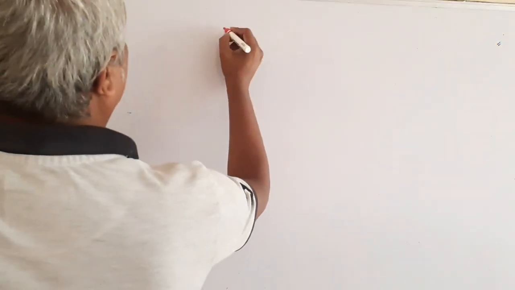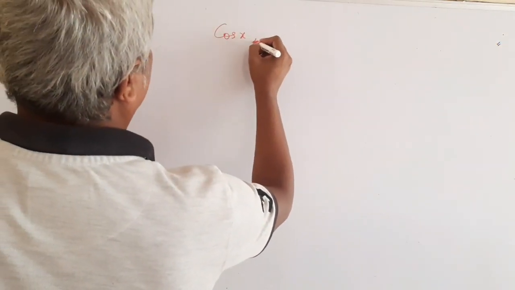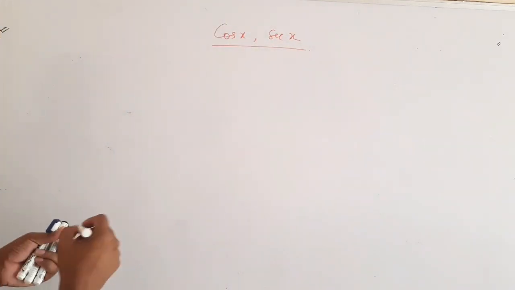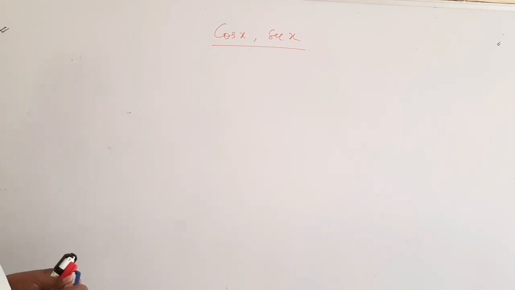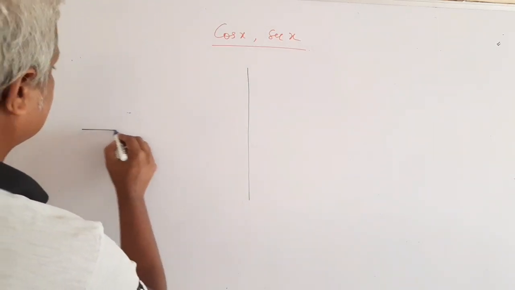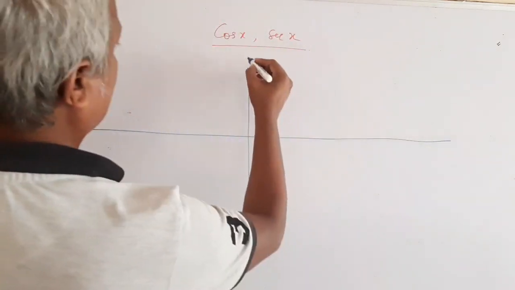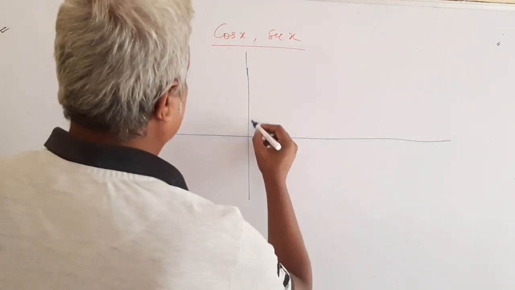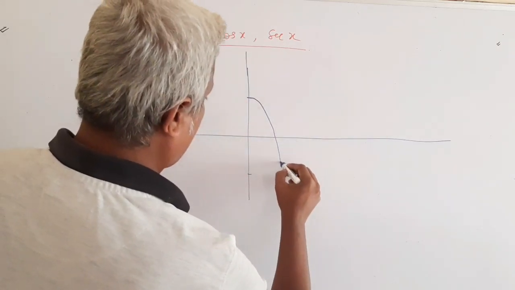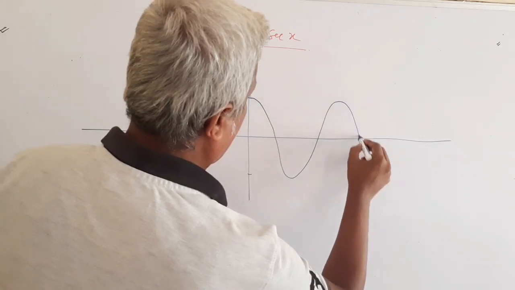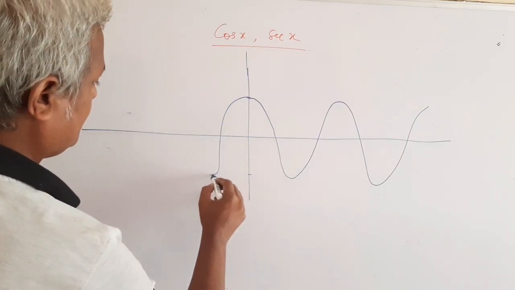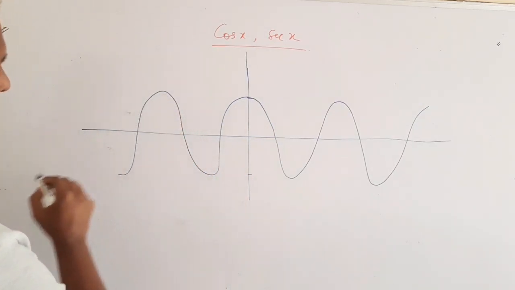Okay, now we'll be discussing the graph of cos x and its reciprocal sec x. So the graph of cos x goes like this, like that, something like that.